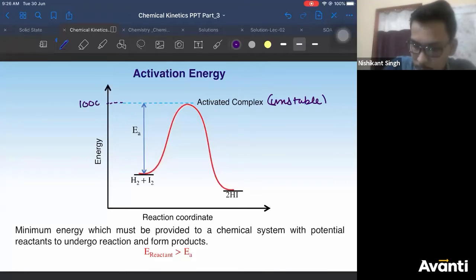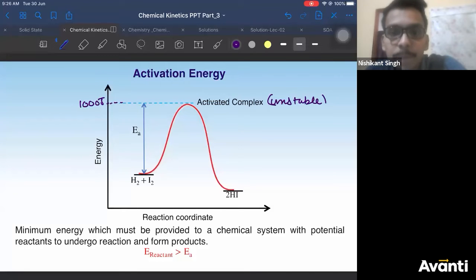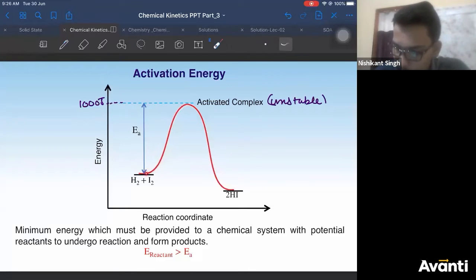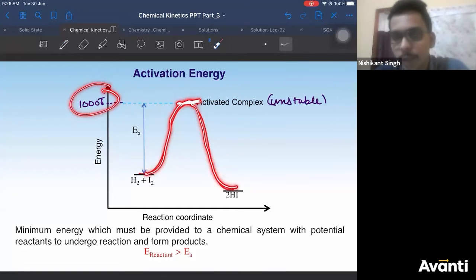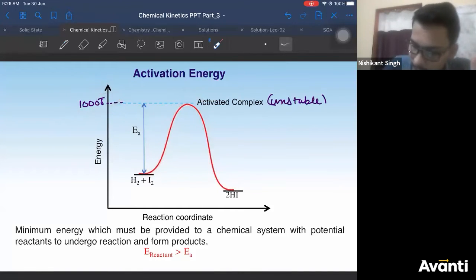Let us give it a number, 1000 joule. Now, the question here is, only those reactant molecules which can increase their energy level up to 1000 joule can get converted into product. Right? Let's say the reactant molecules have an energy of 400 joule.